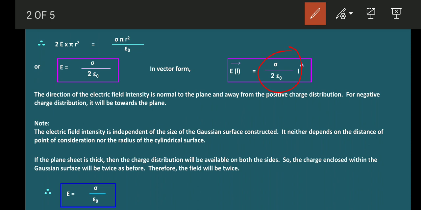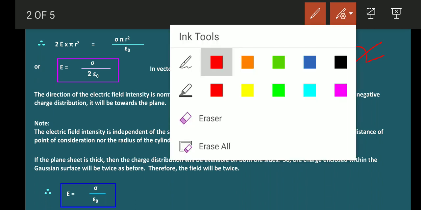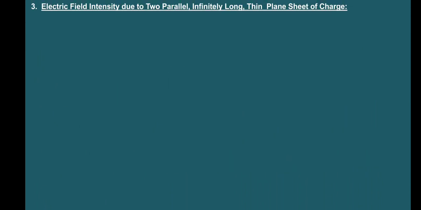But if the sheet is very thick, then the electric field intensity will be twice the previous value. That means you have to multiply this value by 2. This 2 and 2 get cancelled. Then the electric field inside the thick sheet will be sigma by epsilon naught. Up to that, the second application is over.